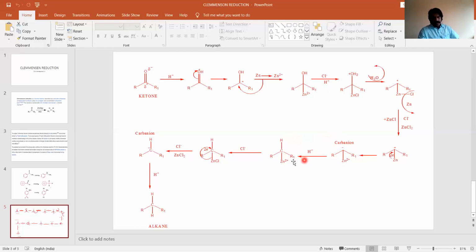Look here, Zn, since it lost its electrons to this carbon, still has the status of Zn2 plus. The Cl dissociated from this HCl because only H was added here. That Cl combined with this Zn2 plus in the form of Cl minus.